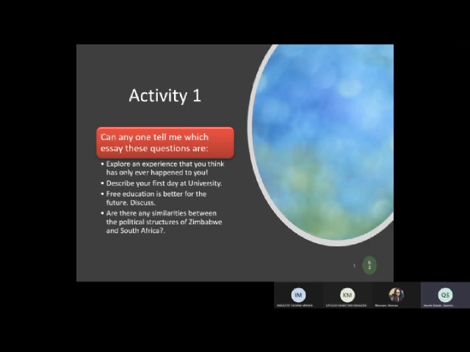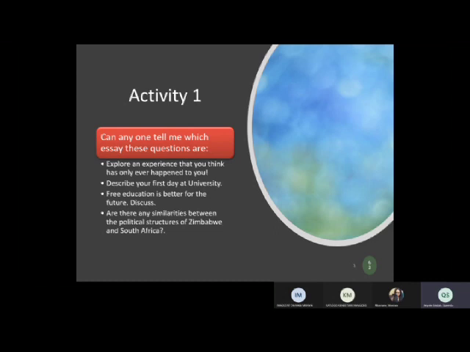And then the only thing is the last one, the argumentative essay, right? So the third one, free education is better for the future. That is a statement that was given to you and you have to take a side, right?